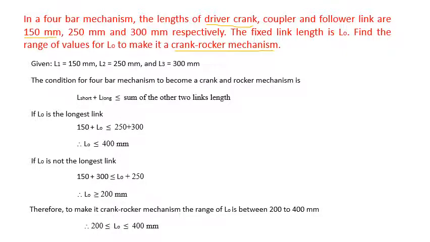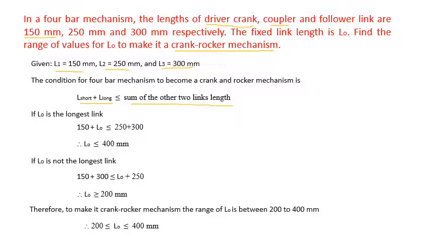I will consider it as L1 equals 150, and I will consider this coupler as L2, which is 250, and L3, the follower link, as 300 mm. And we know from the Grashoff's law, the condition for a 4-bar mechanism to become a crank rocker mechanism is the sum of the length of the shortest link and longest link should be less than or equals to the sum of the other two link lengths.